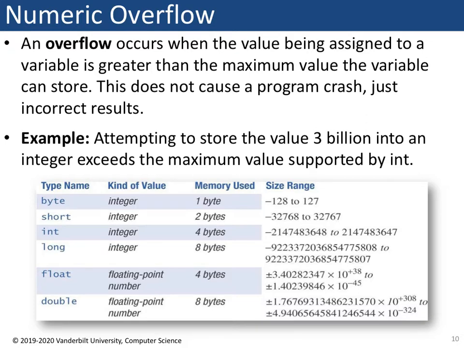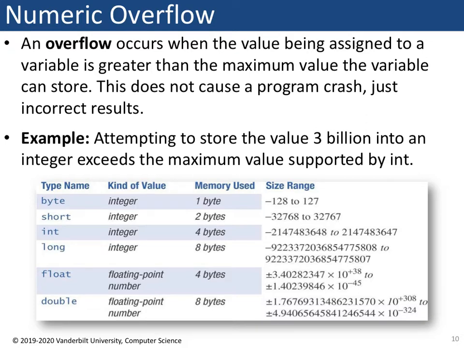For instance, if you were to add 68 and 68 and attempt to store this in a byte, the result of 68 plus 68 is 136. 136 is larger than the maximum size storable in a byte, and therefore an overflow will occur.